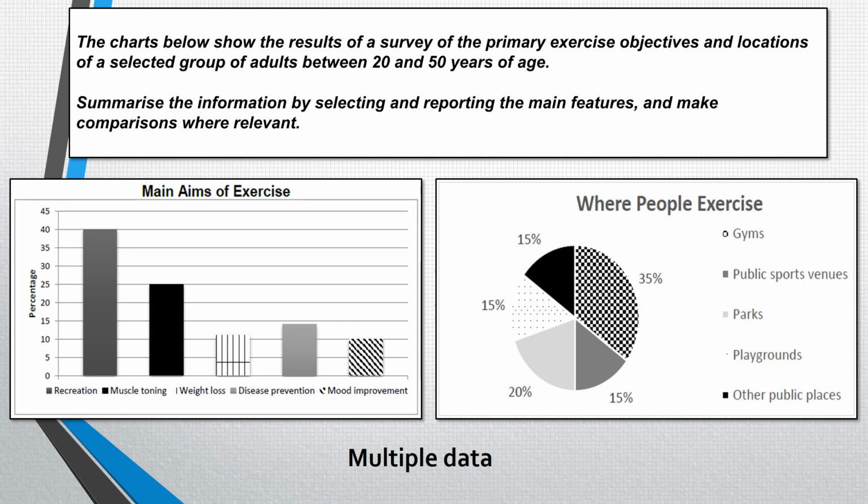And don't worry about this. These questions, some people think, are more difficult than having just one visual data to summarize, but actually when you are confident using the process that I show you, it can actually be easier to work with multiple data sources, but we'll come on to that later.